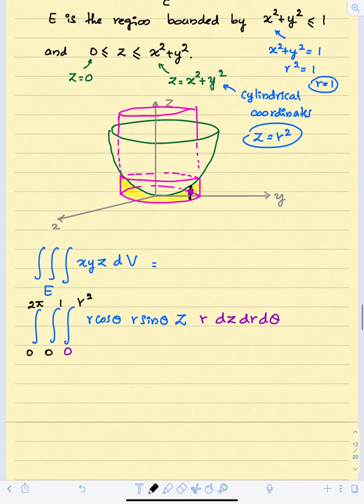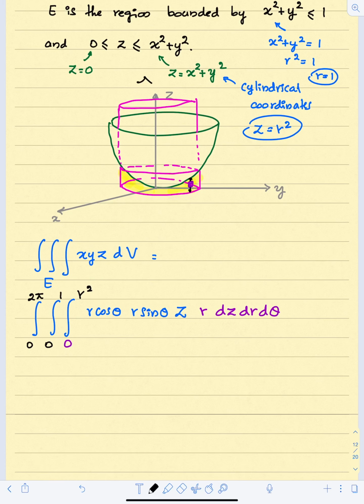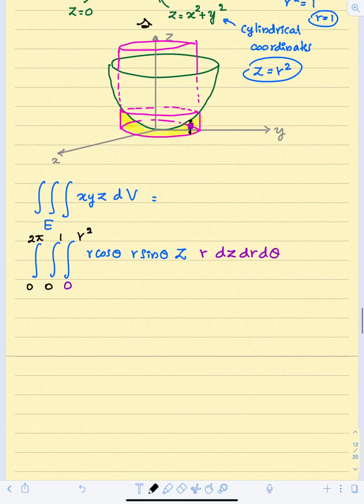And the reason is this: if we look from the top, you will see a circle with radius 1, that's the domain. So this is your domain on the xy plane.